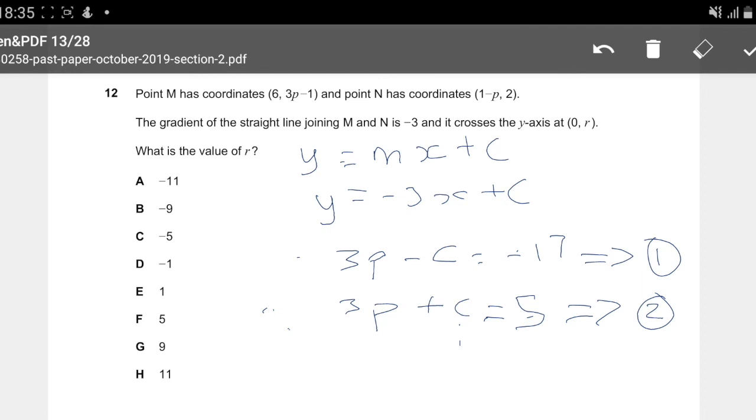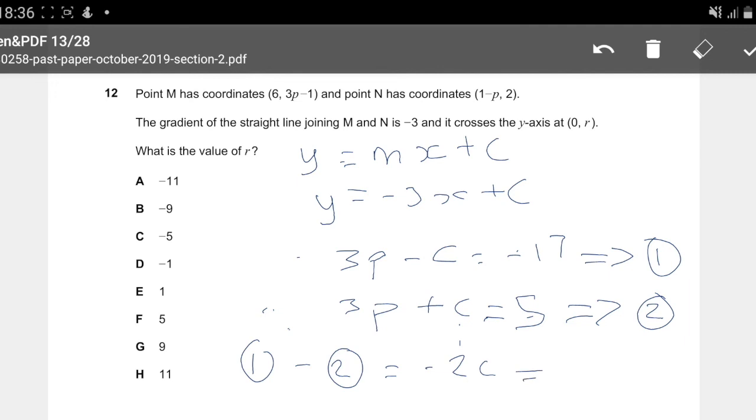So now I'm going to solve this simultaneous equation. I'm going to solve for c through elimination, and what I'm going to do is deduct equation 1 by equation 2. So what does that leave me? So minus 2c, and 3p minus 3p is 0.